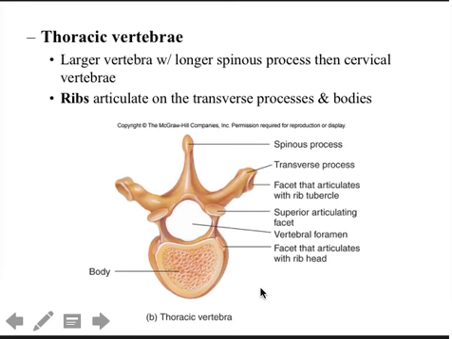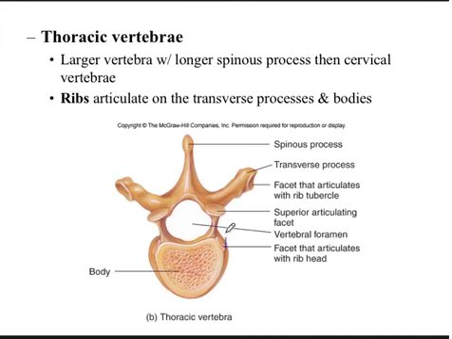And you might say, okay, where? Well, you can see here a facet that articulates with the rib tubercle, and you'll find a small dimple here on the posterior portion of the body of the thoracic vertebrae that articulates with the head of the rib. So the rib itself would project, I can draw it here if I get a chance. Let's do this in blue. If I were to draw a rib, it would look like this.